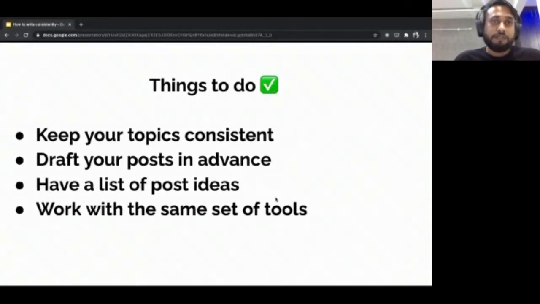I use the Apple Notes application to take my notes, and I use Trello to keep track of my blogging ideas. I also use Notion to keep track of the posts I have written and published. These are the tools that I am familiar with and use in daily life. I would always recommend going with the tools you are most familiar with, because you don't want to spend time learning those tools rather than writing your blog posts. So it is always helpful.